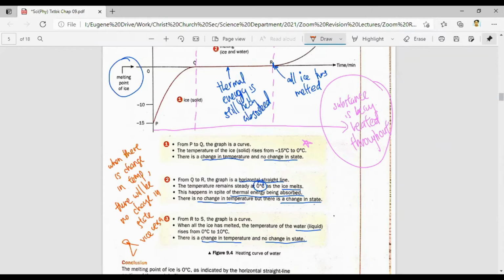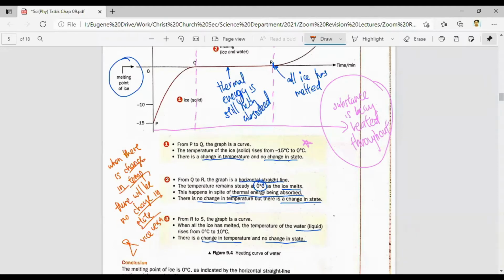When there's a change in temperature, there will not be a change in state. But when there's a change in state, there will be no change in temperature. So only one of them changes at a time. It's either the temperature changes or the state changes.